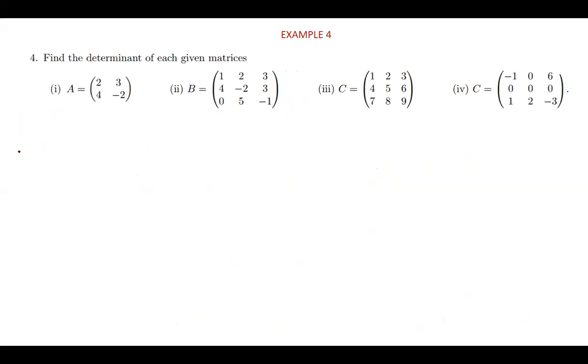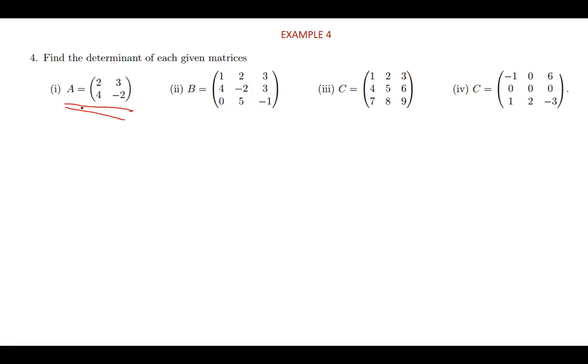So now, having learned how to find the minors and the cofactors, I think it's now easier for us to find the determinants of any given matrix. The determinant of this first matrix here, we found it in the previous lesson.